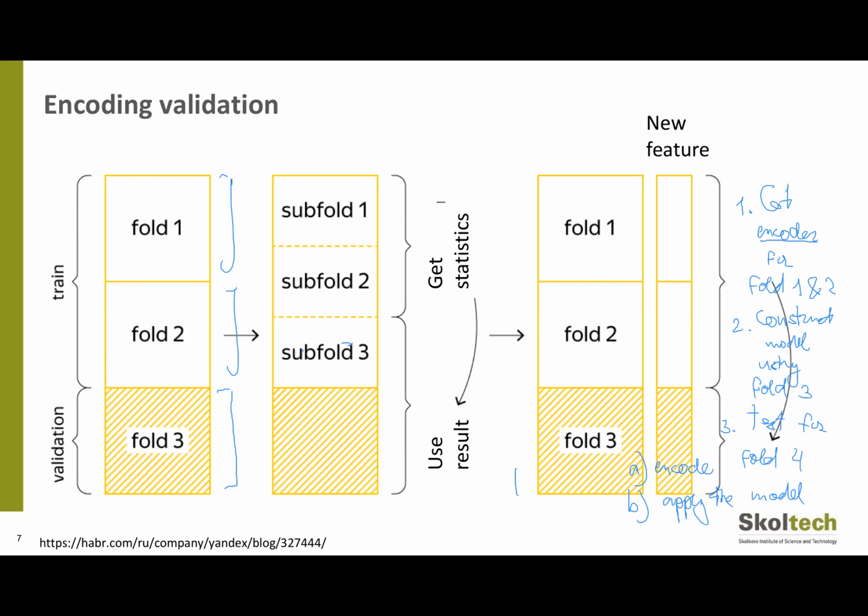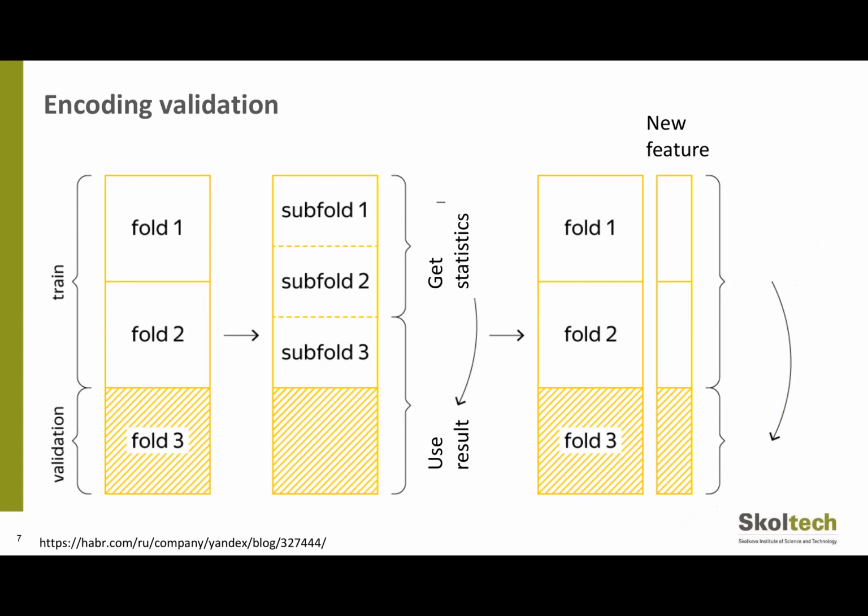And as we have a lot of parts, they're quite diverse, and we hope that they represent well the distribution of the target for our training sample. And so we have this new feature, and with it we can construct a model using all the data, because we never use the same data to construct the encoder and to construct the machine learning model. And we can transfer this to our test sample to make everything work fine, and we hope without overfitting. This is what we call additional validation when we are thinking about target encoders.